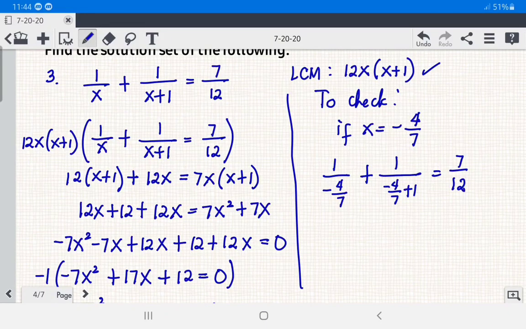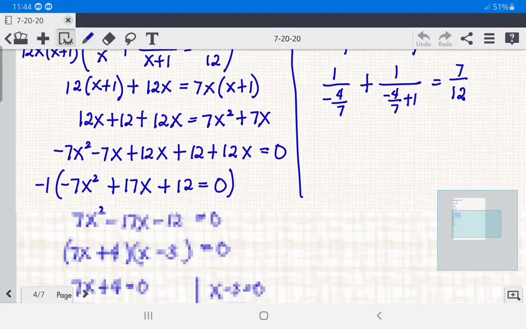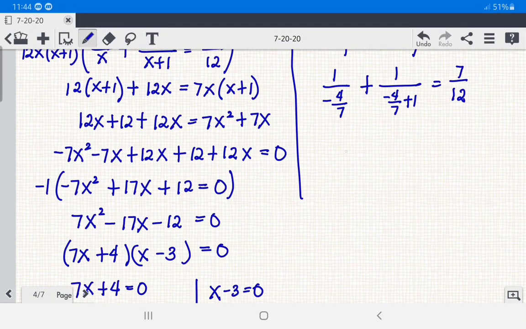Okay, then we have here 1. We're going to make use of the concept of simplifying fractions. We have here the numerator is 1, right? Then the denominator is a fraction. What you are going to do is get the reciprocal of the fraction. So we have negative 7 over 4.